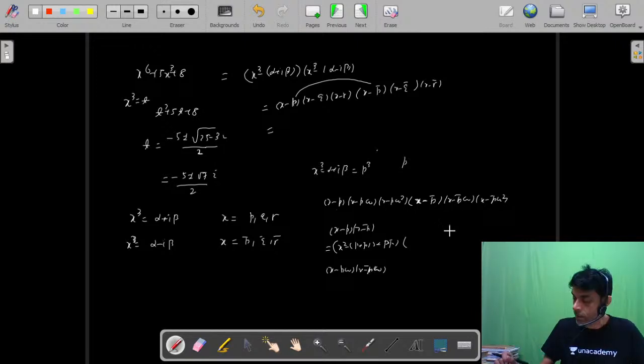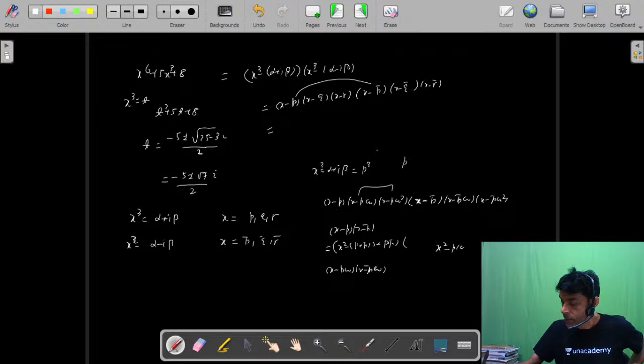You can show that the result is again real by combining these two. If you ask what these two give you: x squared minus p times (omega plus omega squared) x plus p times omega cubed. So you'll get x squared plus px plus p. This you will get from here, x squared plus px plus p. And from here also you'll get p prime x plus p prime, and then we can have the factorization, right?